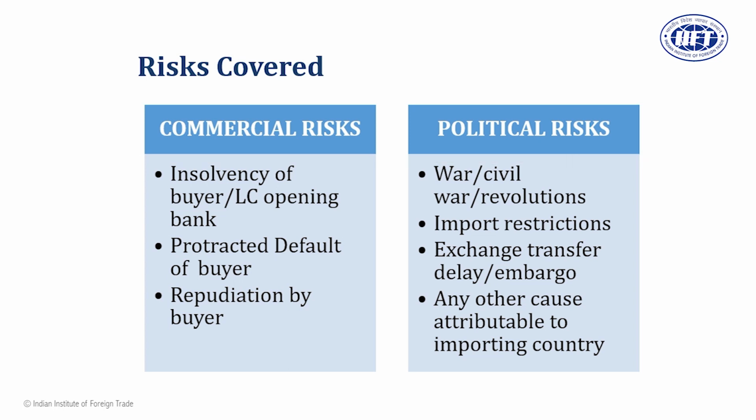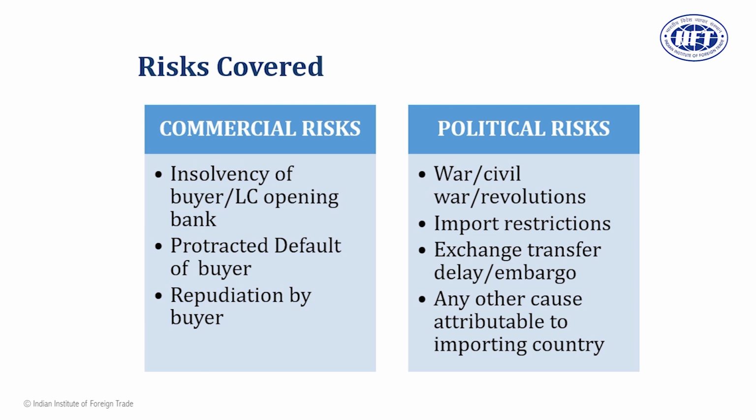We need to understand these two separately. When we talk about commercial risks, it mainly means insolvency of the buyer, any kind of default from the side of the buyer, or fraud or non-acceptance of goods from the side of the buyer. If you see here, I have also mentioned LC opening bank, or bank also becomes insolvent at times.